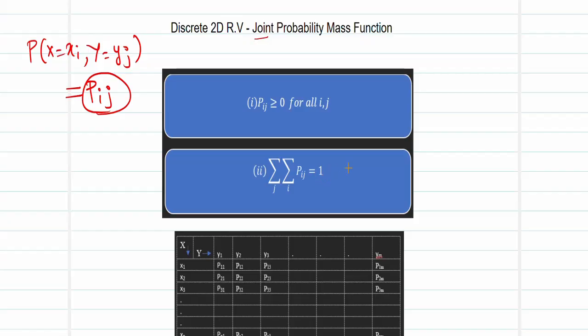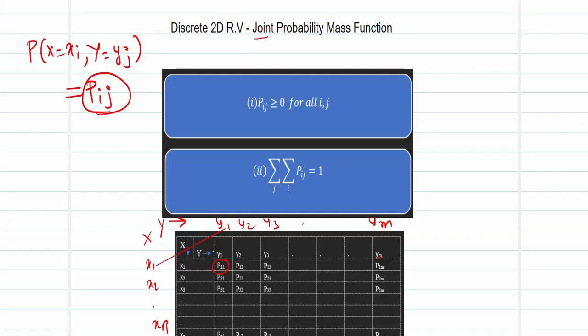Now, instead of a single row, what happens when we have two inputs? Now this is the variation in x. My capital X is going to take the values x1, x2 up to say xn. And my capital Y is the second random variable that is going to take the values y1, y2, y3 up to say ym. Now the combination of one x with one y will give me the probability P11.